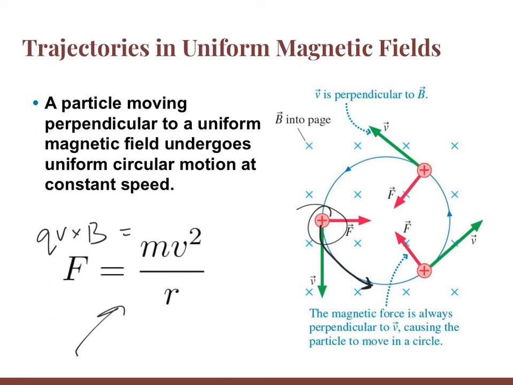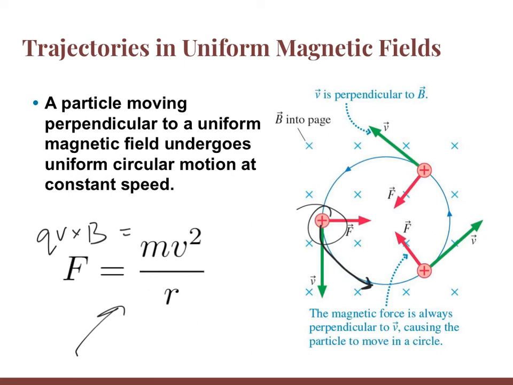So you can figure out from the field and the charge of the particle and its initial velocity, the circle's radius that it will be moving in based on its mass, all those fun things. So the thing you really need to know is that the trajectory of a charged particle in a magnetic field is going to be moving in a circle with a specific radius r that's based on all of those parameters.